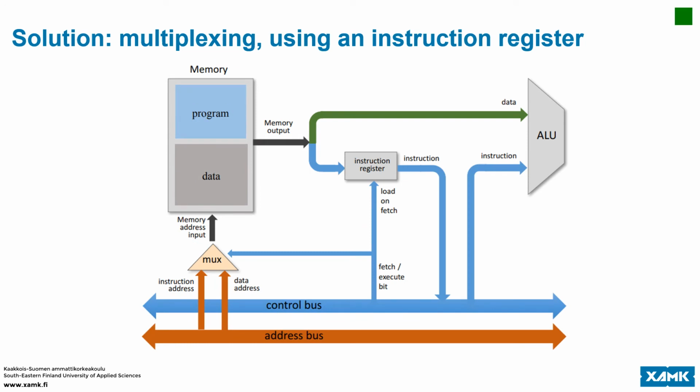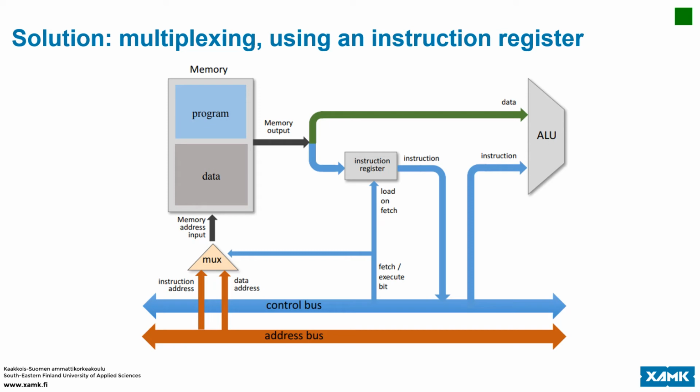Of course, unsolved, this problem would render the von Neumann machine unusable, but as we have stated, the von Neumann machine is a blueprint for all modern computers, so there must be some good solution to this problem. And there are actually two good solutions.